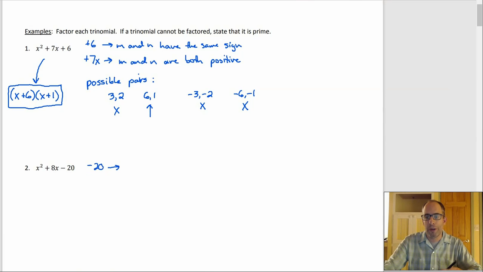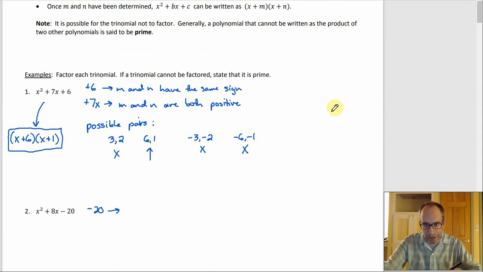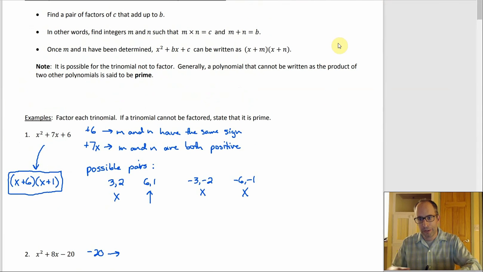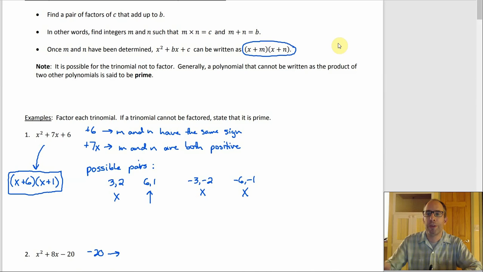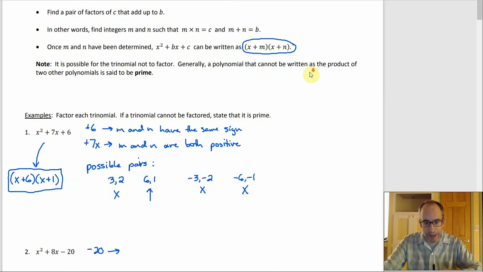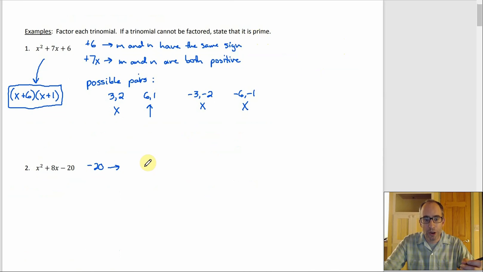Because if I just scroll back up to where it is, because we can't see it right now. So this thing right here, once again, I just want to kind of refer to that. When you FOIL that out, you would get the constant in the trinomial by multiplying m and n together. So for that product to be negative, one of m and n is positive and the other one's negative, right?